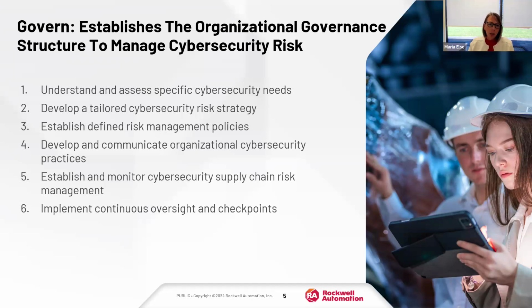So think about how we can develop a tailored cybersecurity risk strategy. No two organizations are the same. Everybody operates differently. They have different requirements, different outcomes, and different needs. So you need to have that adaptive risk strategy to really help you meet your business outcomes.